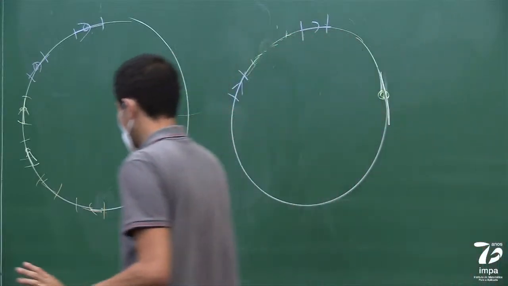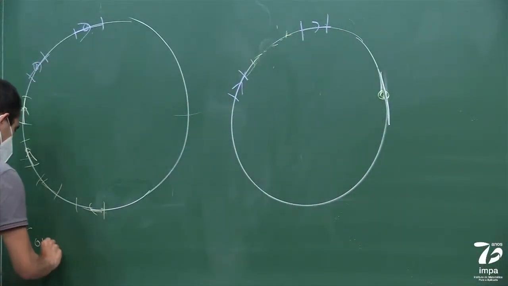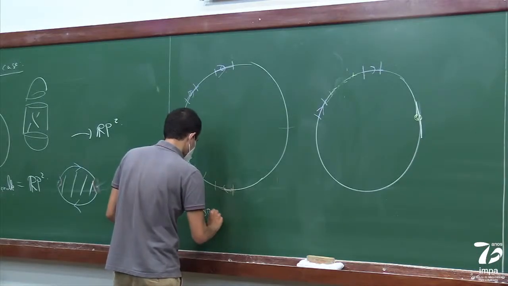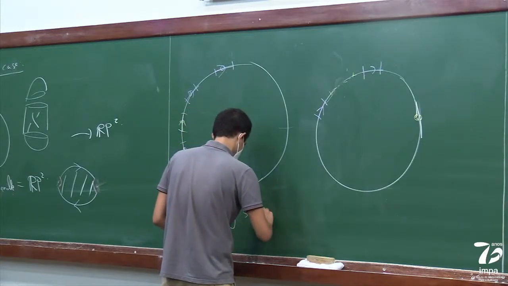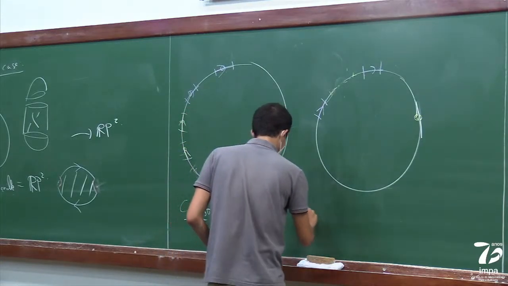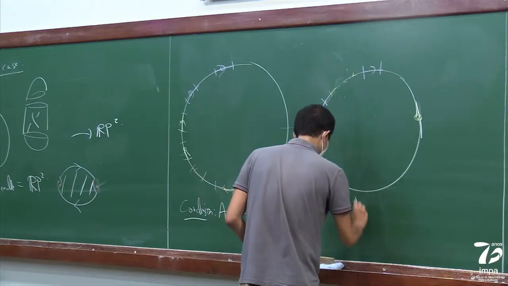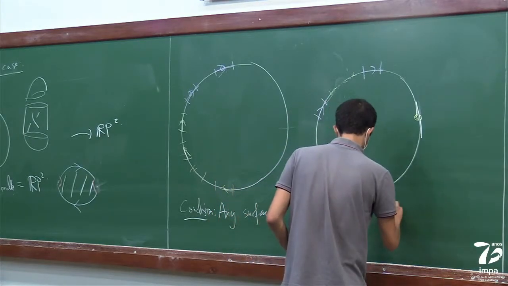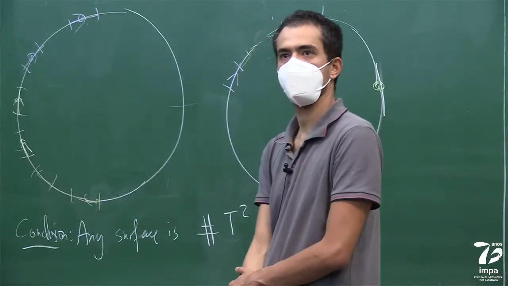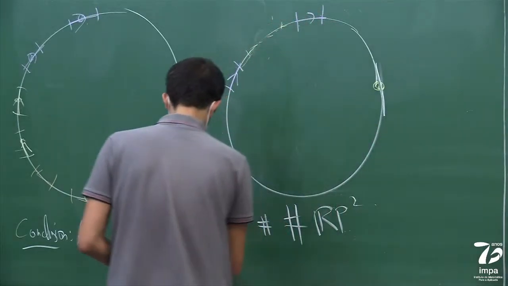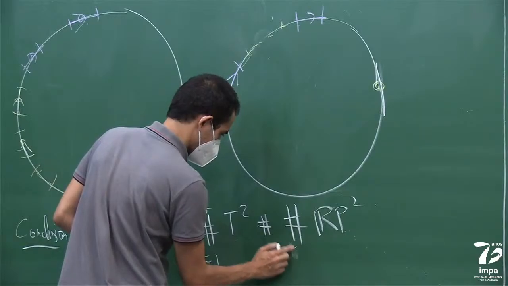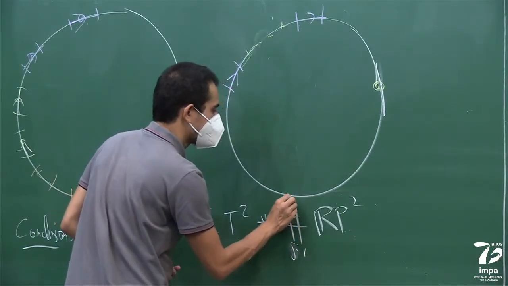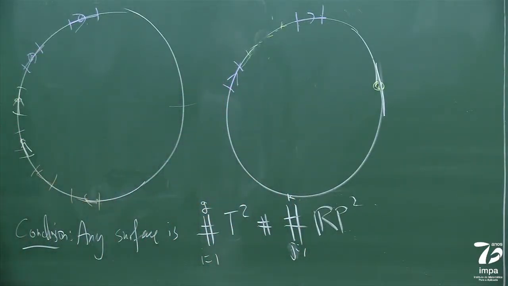This is the conclusion so far: any surface is basically the connected sum of some tori with the connected sum of some RP2s. Okay, so this is already a classification if you want. Any questions so far?